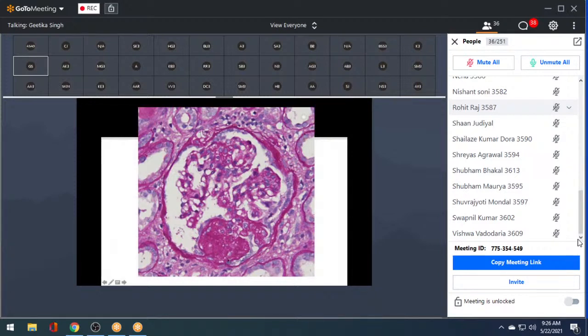But the trick is peripherally located, there's nothing patent around it. Also, when I look at the rest of the glomerulus, I'm not seeing the usual mesangial matrix expansion of a diabetes, right? What you will also see very commonly is this crown of cells around the sclerotic segment. And these cells are very important and they're very interesting.